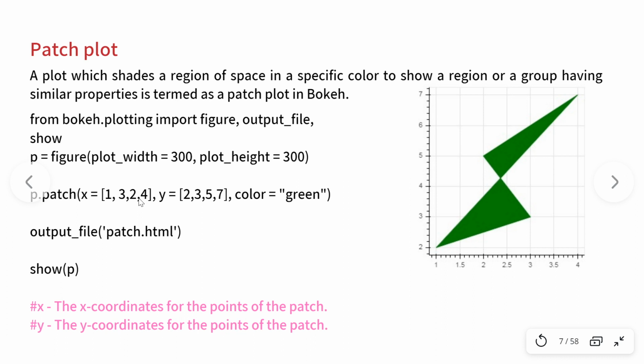And then the third is 2 and 5. So x2, and then the 5. So this is the third point right here. And similarly 4, 7. So here's the 4 and the 7. That's the next point. So this is how we specify the x and y coordinates for the patch, and accordingly the patch is green.